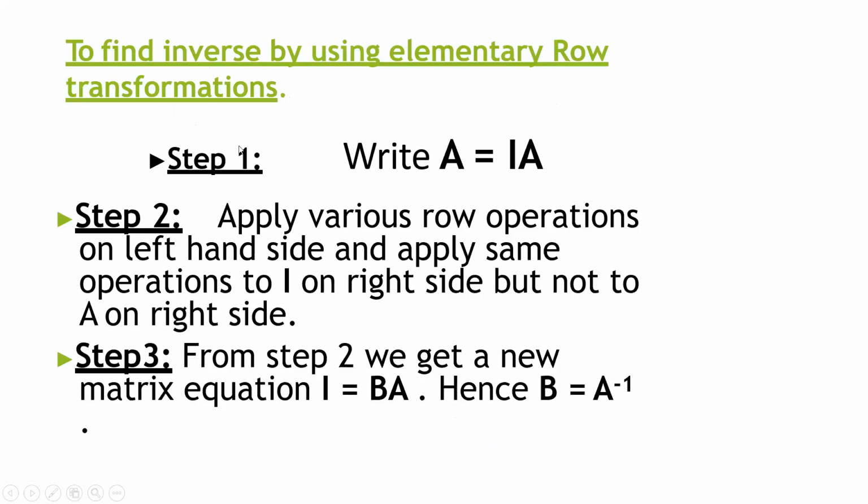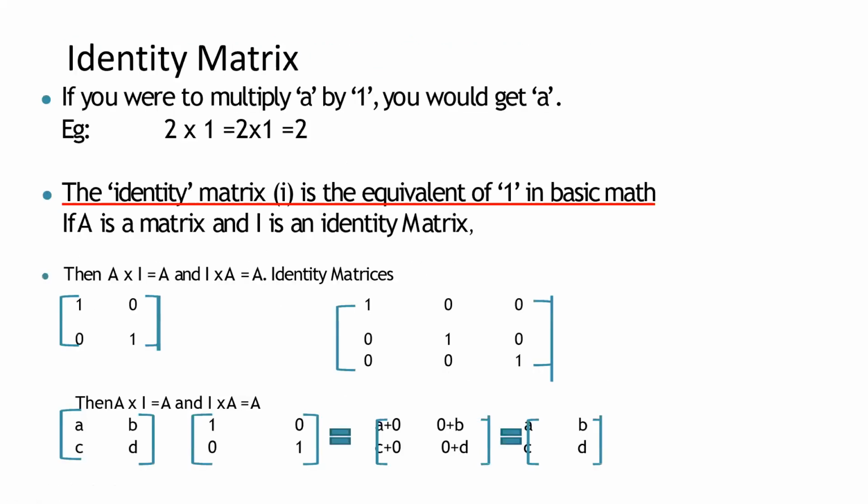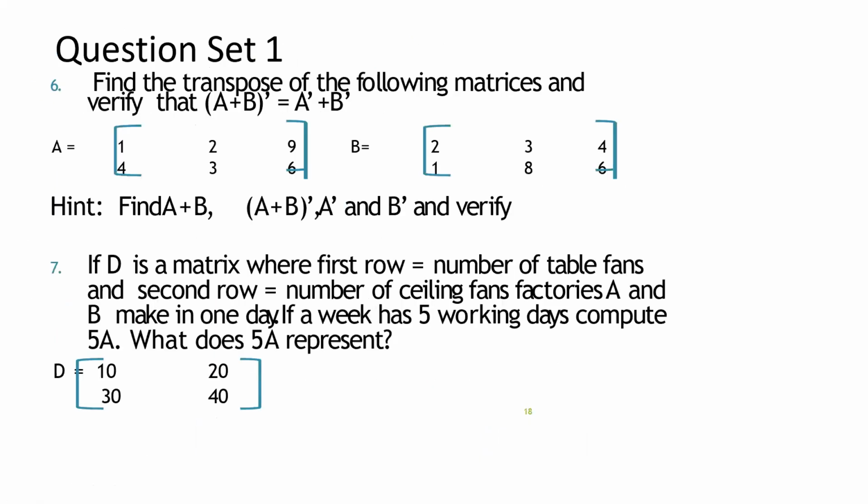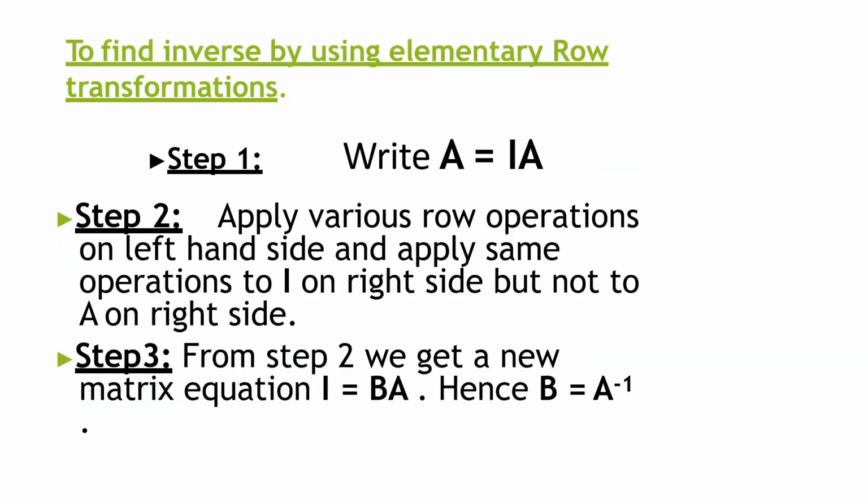So, to find the inverse by using elementary row transformation: if you need the inverse of any matrix, then with the help of the identity matrix, we can go for calculation of the inverse of A. If you want to find the inverse of A, we write A is equal to I into A. Both are the same.